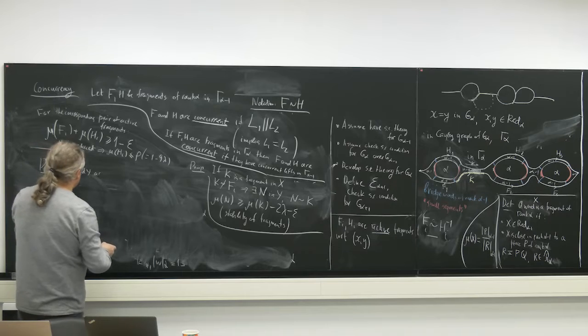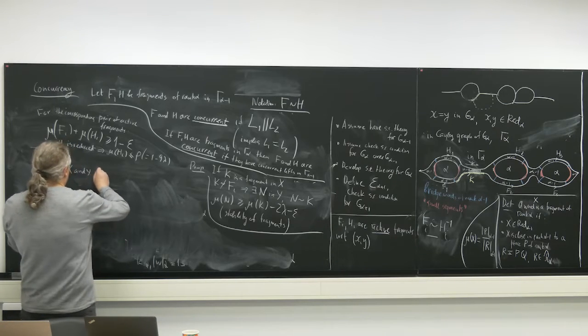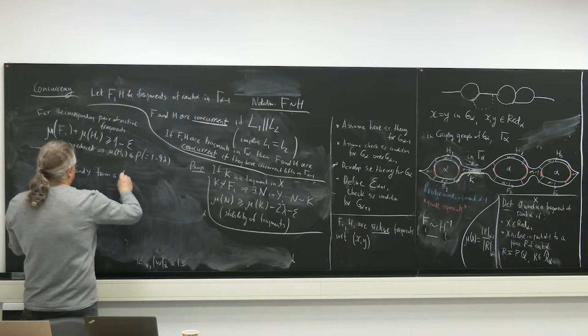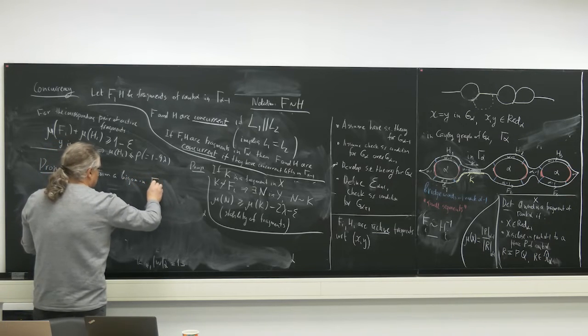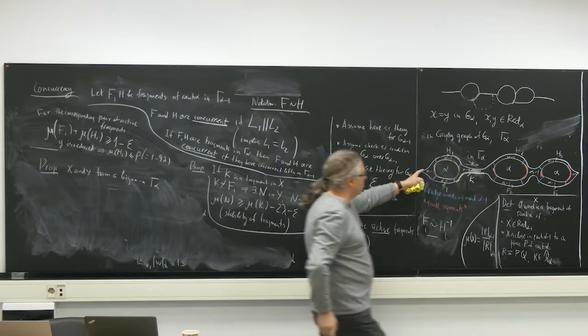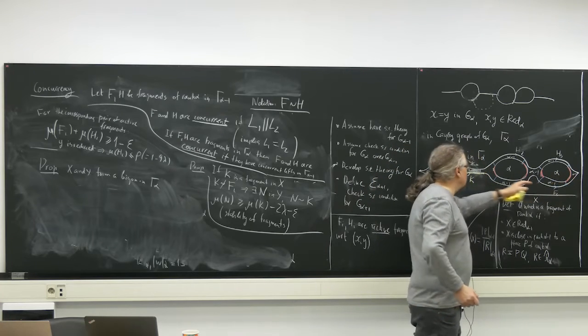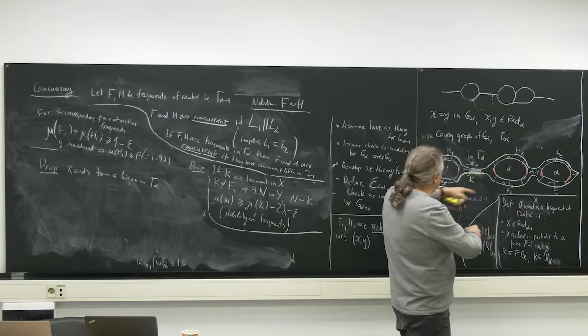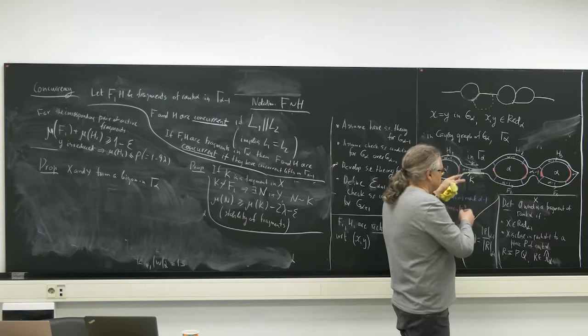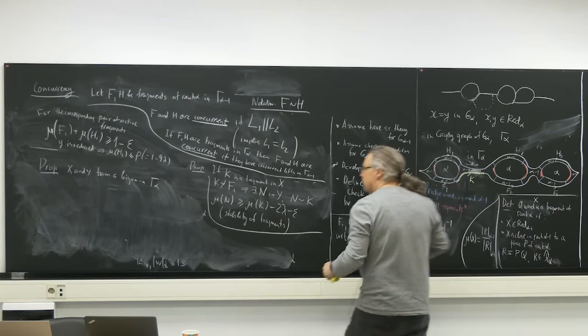That is, X and Y form a bigon in the graph. This is what I call a bigon. This is like a loop which is divided into two parts.